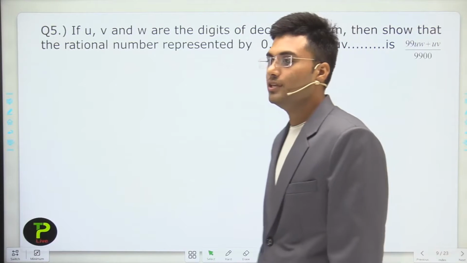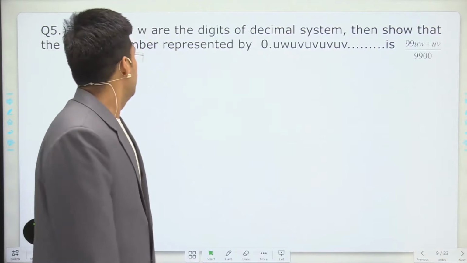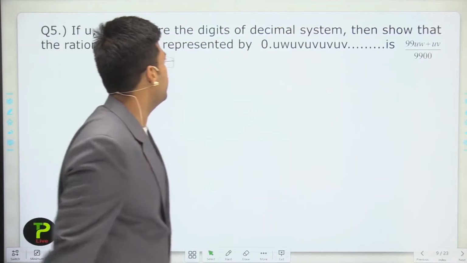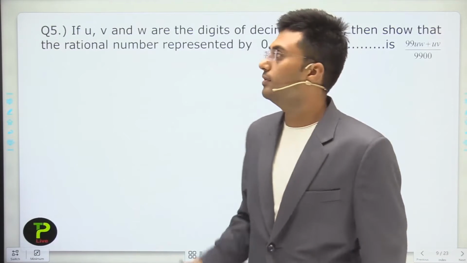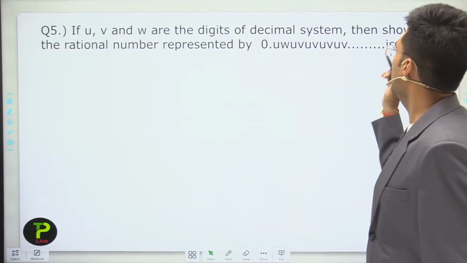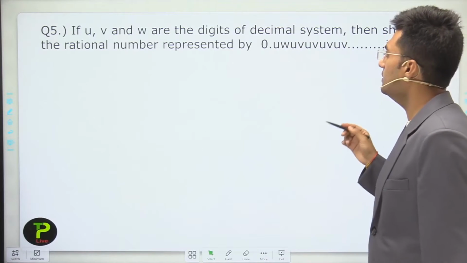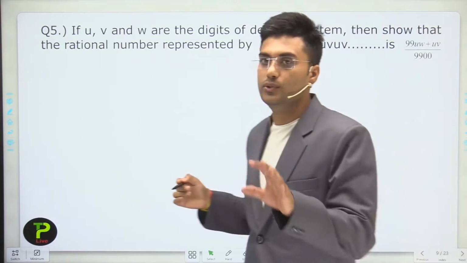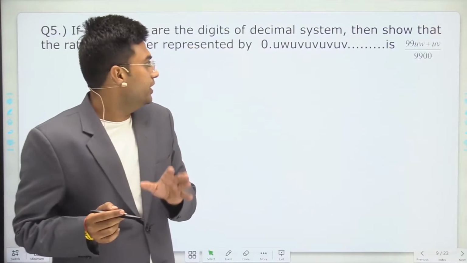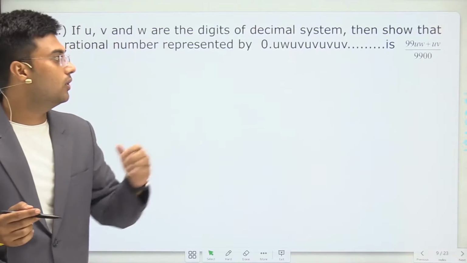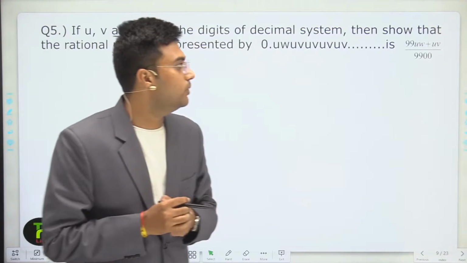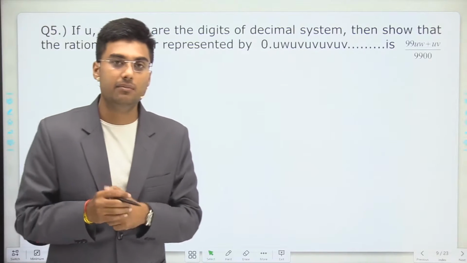The next question is, if U, V and W are the digits of the decimal system, then show that the rational number represented by 0.UW UV bar and so on is 99 UW plus UV divided by 9900.